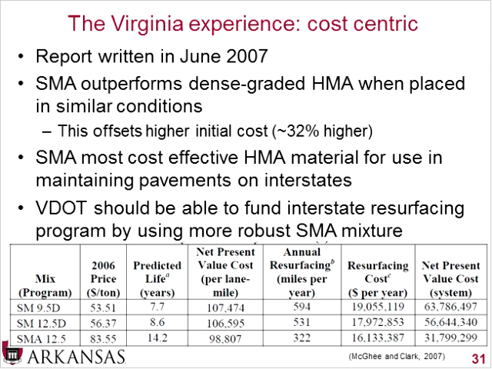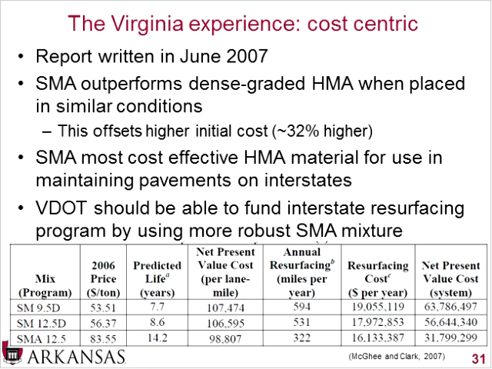And the last one we'll go over, and I wanted to throw this in here because they have quite a bit more numbers, is from 2007. That's almost 6 years ago now, but it's a little newer than the other two, so the costs are, I think, a little closer to what we have today. They found that overall, from a performance standpoint, the SMA outperformed the dense graded HMA when placed in similar condition, and they felt that this performance offset the higher initial cost.